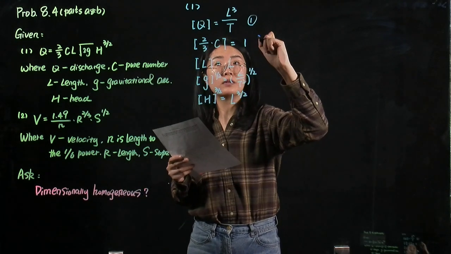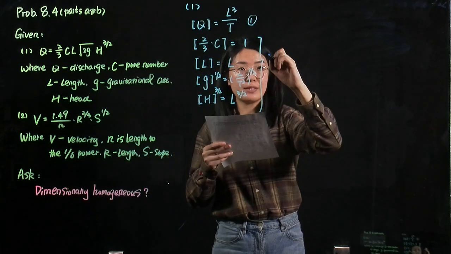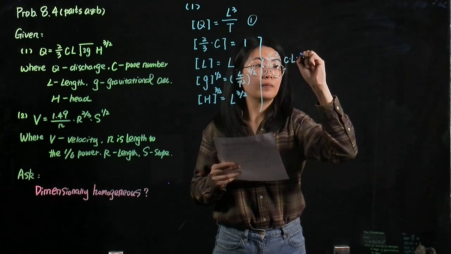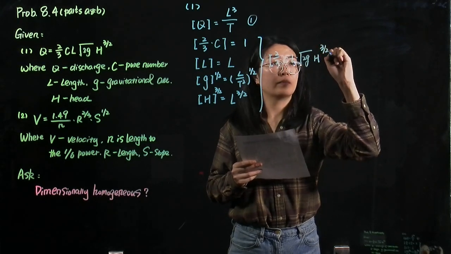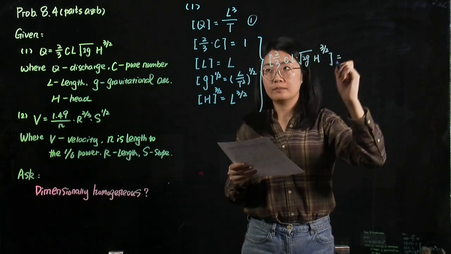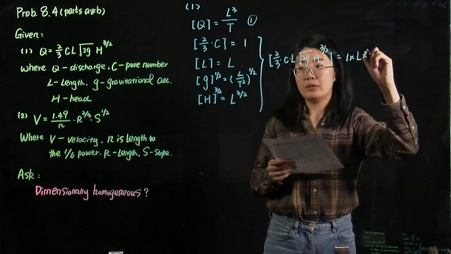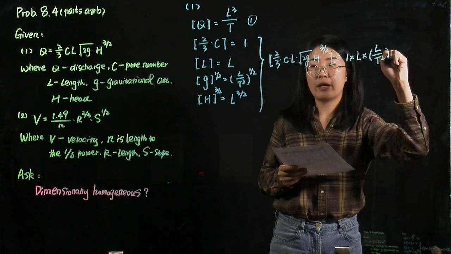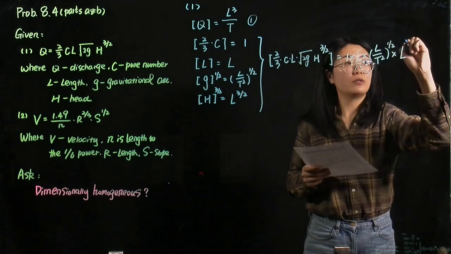And then we know that the dimension on the right-hand side should equal 1 times L times g, which is L over T squared, to the power of 1/2, times L to the power of 3/2.